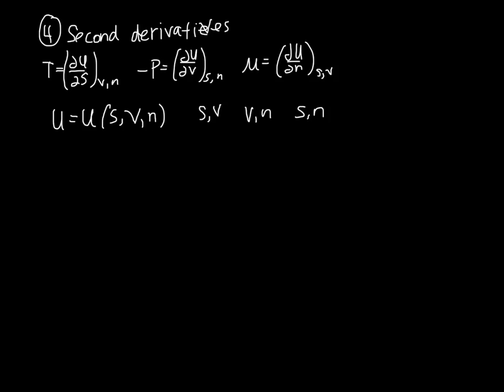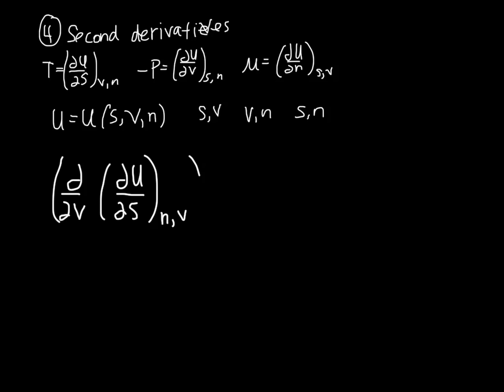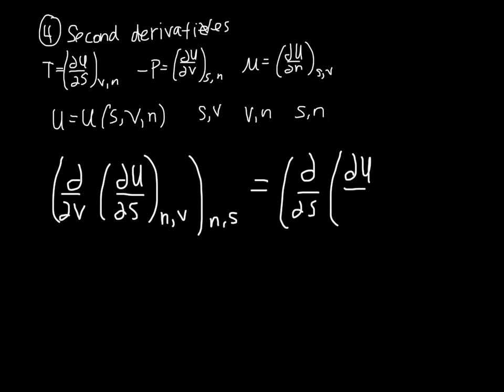So let's start and let's do the derivative with respect to V of ∂U/∂S. This is at constant N and S. And then we're going to switch the order over here so that we do the derivative with respect to S of ∂U/∂V. This is at constant N and V.